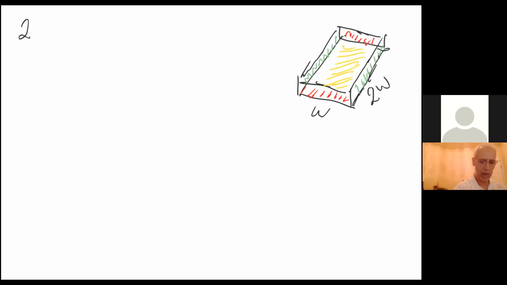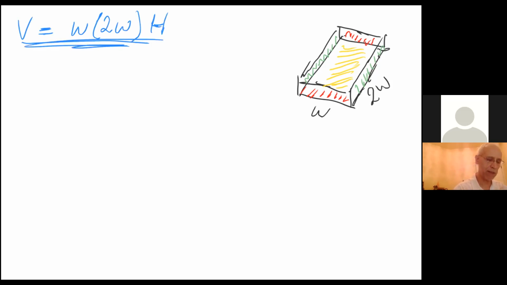First of all, since this problem is about the volume, we know that volume equals the area of the base, which is width times 2 width, times the height. So that would be for volume. So I want to work with this.